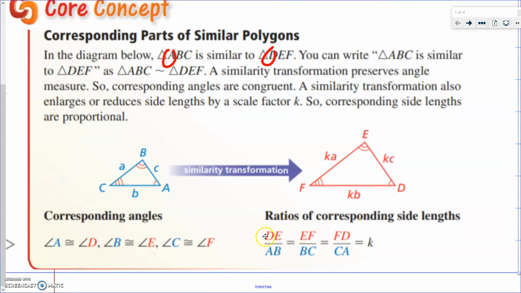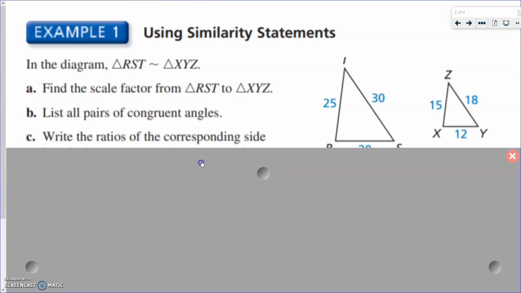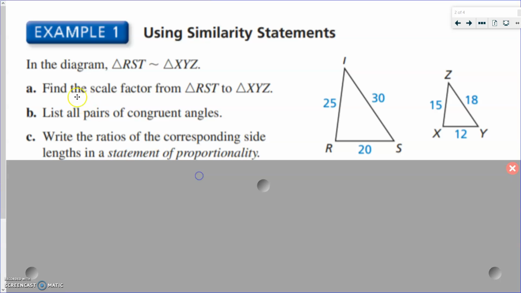Well, how does this help us? This helps us when we're trying to solve for missing values. So let's try this. We're going to be using similarity statements to solve. In the diagram, triangle RST is similar to triangle XYZ.